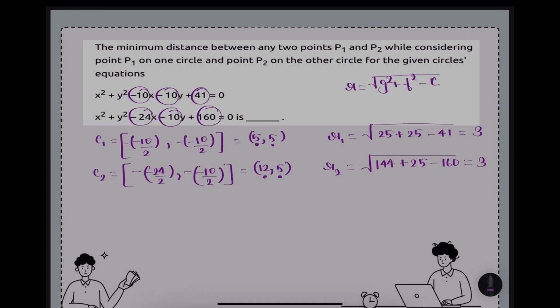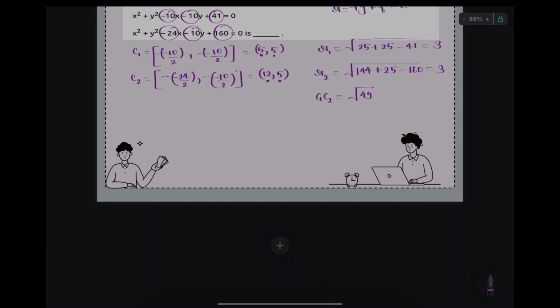Okay. Now go with the distance between C1 and C2. So x2 minus x1, so 12 minus 5. Okay. So it is 7. 7 square is 49. Also 5 minus 5 is 0, and 0 square is 0 only. Okay.